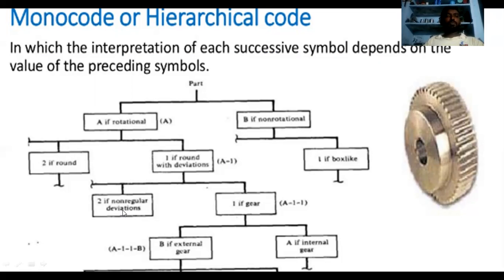So it is a gear, that's why A minus 1 minus 1. If it is non-regular deviation, we again choose A minus 1 minus 1.